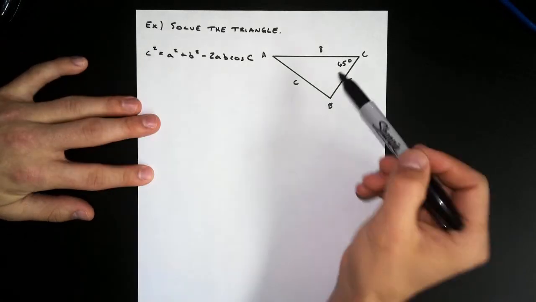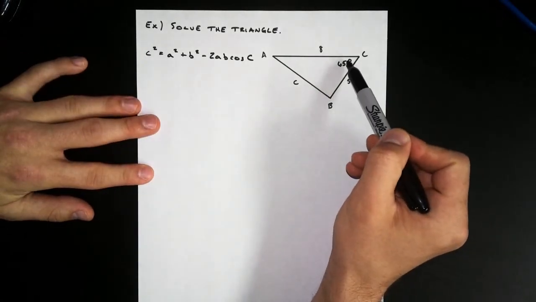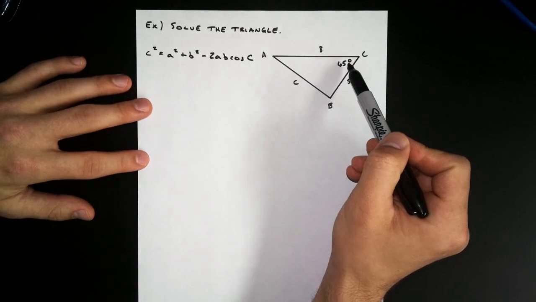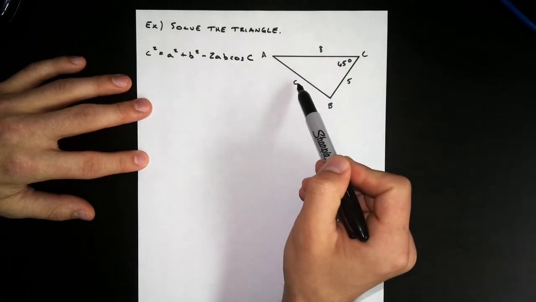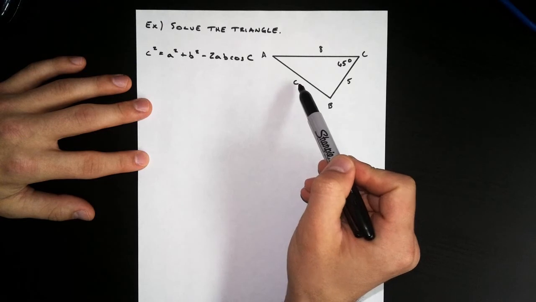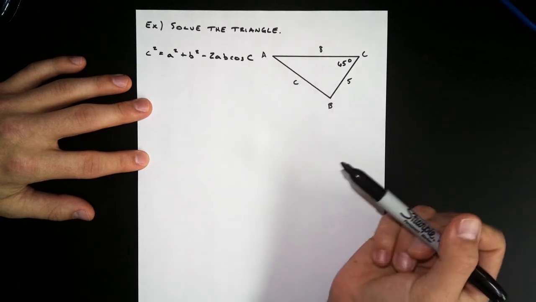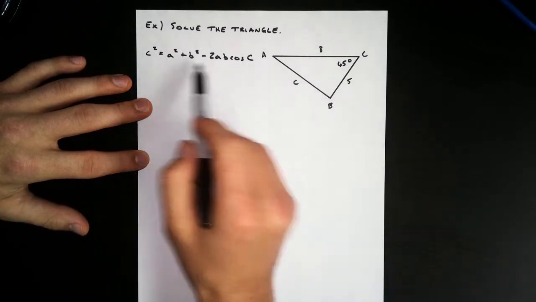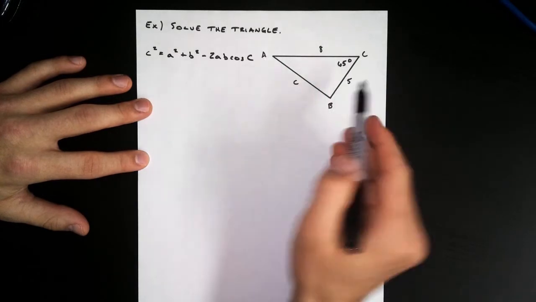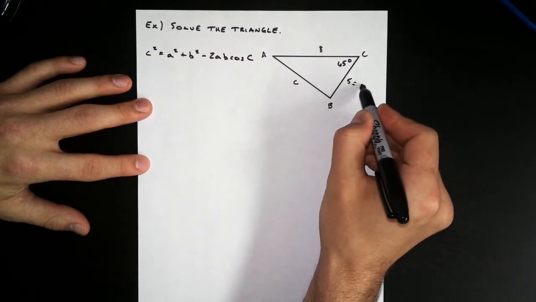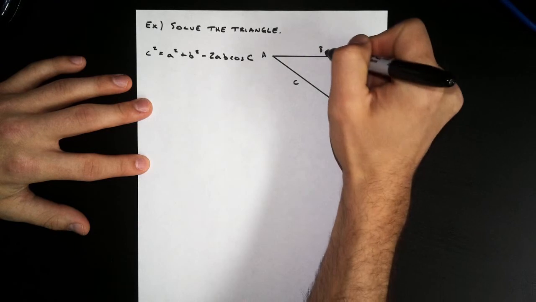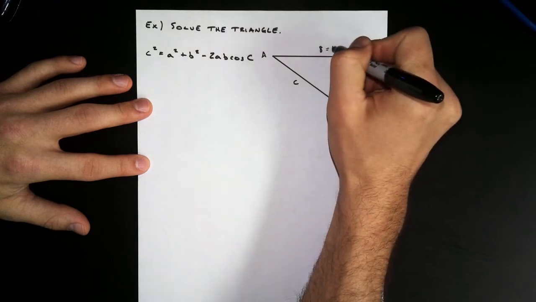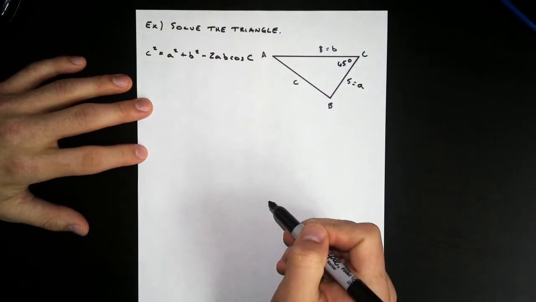The one angle that I know, angle C, is the 65, so I can use the law of cosines to solve for this side length that's across from it. A and B are interchangeable. The way that this triangle is labeled, I would say A is 5 here, and then across from B, lowercase b is 8.